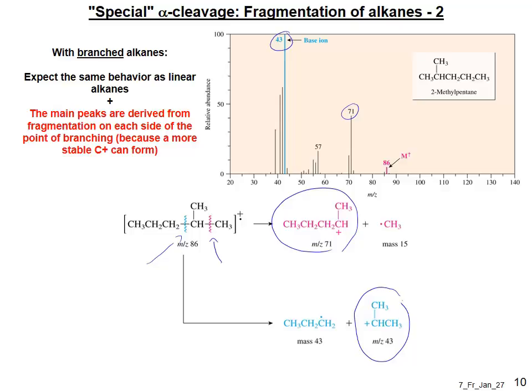So the lesson here is that when you have a branched alkane, yes, you can expect fragmentation at pretty much all the carbon-carbon bonds, but the main peaks are going to be derived from fragmentation at the point of branching, because these lead to more stable carbocations.